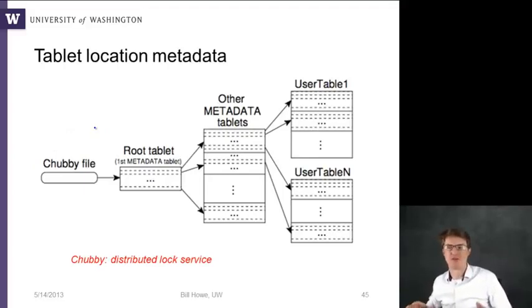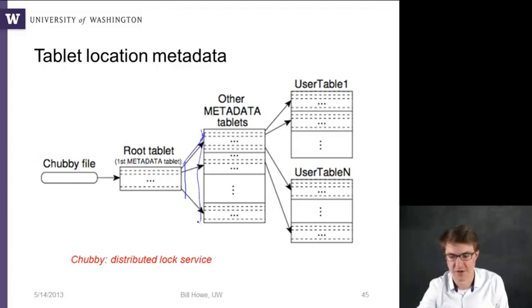The metadata keeping track of where tablets are located is organized itself in another tablet. So there's a root tablet here that describes, each record in here describes a group of location records in a bigger table.